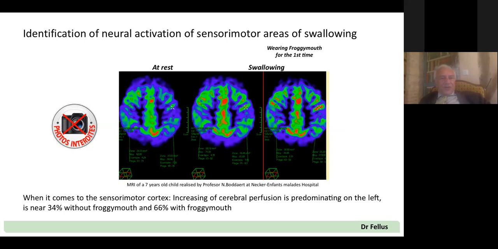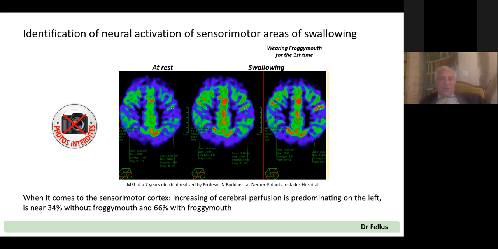Thanks to MRIs, it was a young girl, 7 years old, with atypical sucking deglutition, and we put this girl in the MRI. At rest, you can see there is no stimulation of a deglutition area. When she's swallowing with the old program, there is a little activation of this important area in the middle.